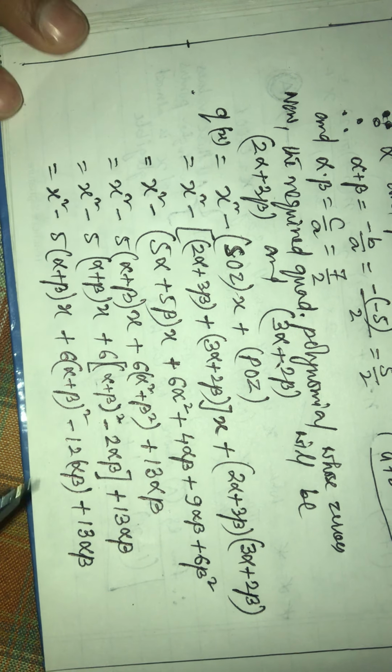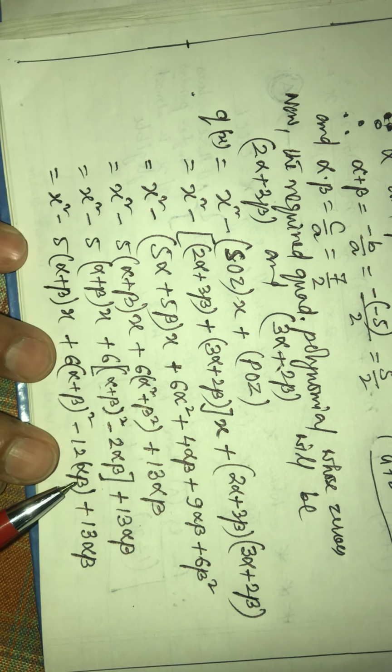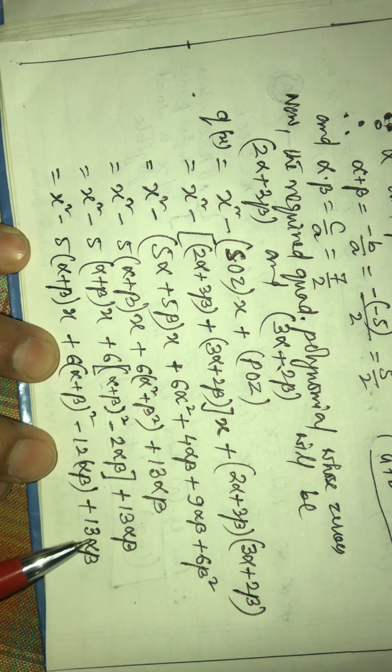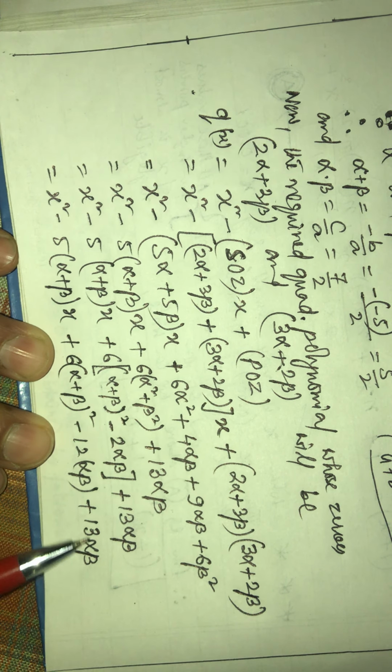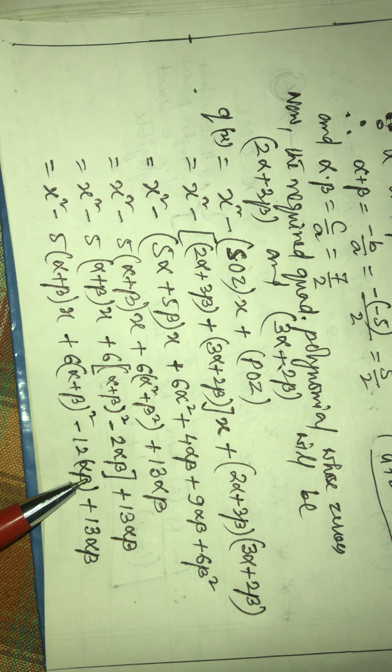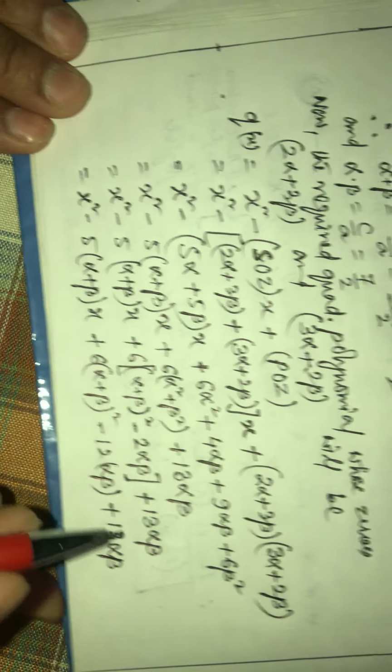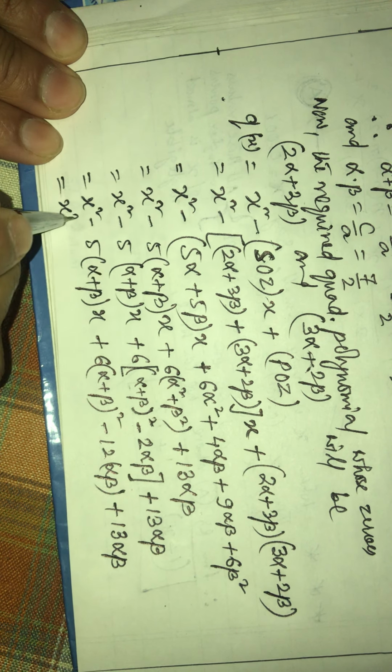So now this alpha beta you can combine if you want. 13 alpha beta minus 12 alpha beta is 1 alpha beta, means alpha beta only. So that also I'll show you here.